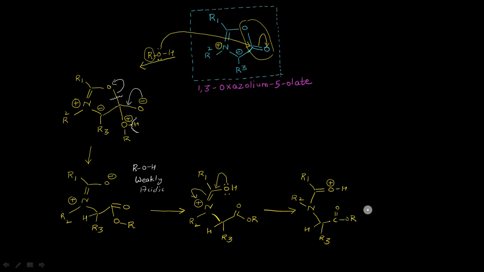And finally, whatever is formed here will release one H positive ion. I can write here minus H positive ion, because oxygen, as I have told you, is electronegative. It doesn't want to carry a positive charge. So it will release a proton, resulting in the formation of R1 single bond, double bond oxygen. This is now nitrogen having R2 single bond. This is my hydrogen here, R3, and this is C double bond OOR here.